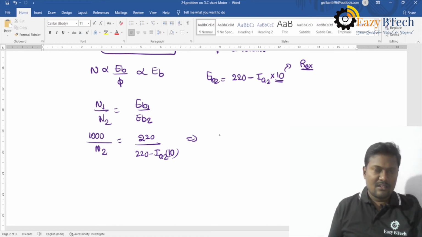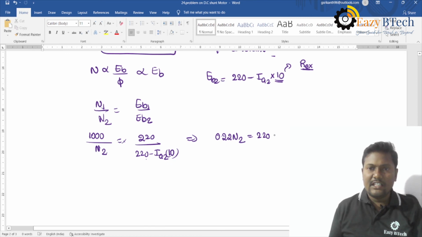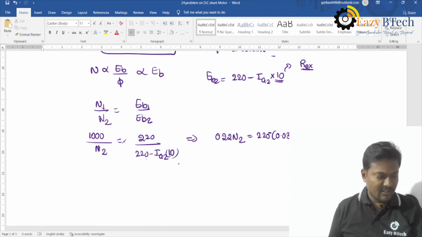220 means 0.22, right? So 0.22 N2. If you cross multiply, 220 minus Ia2 into 10, and the Ia2 value I am getting is 0.03 into N2. So 220 minus 0.03 into N2.